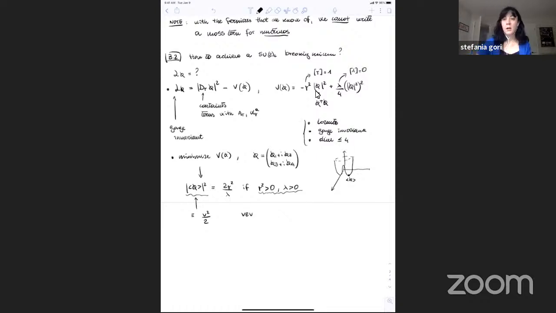So in principle I can only write down terms like phi dagger phi, or its square, and then combinations like this or this and so on, right?